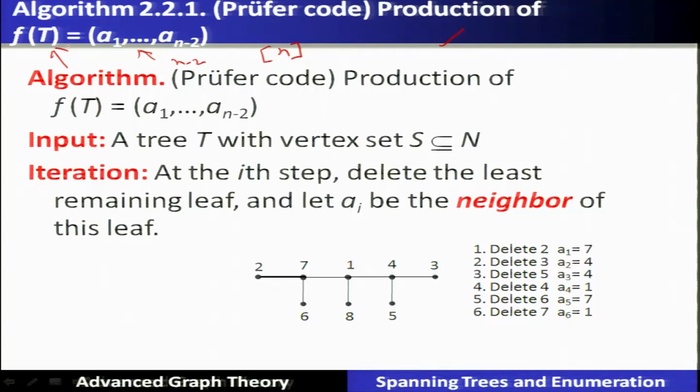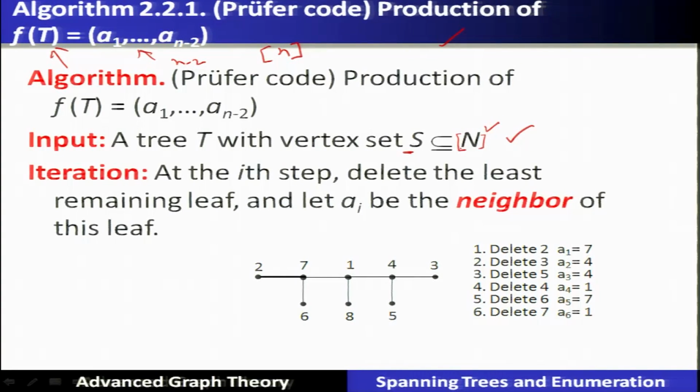So, for a given tree there is a code of length n minus 2. The input to this algorithm is a tree with vertex set S, which is a subset of the given labels.